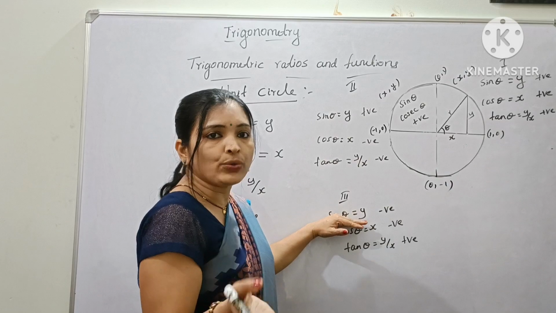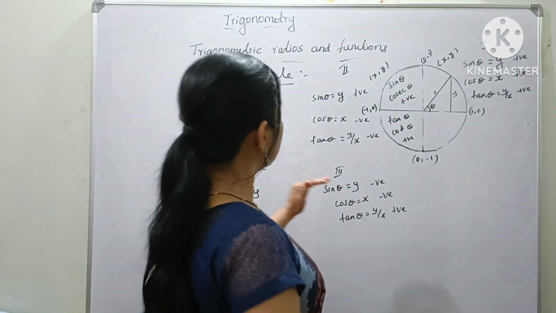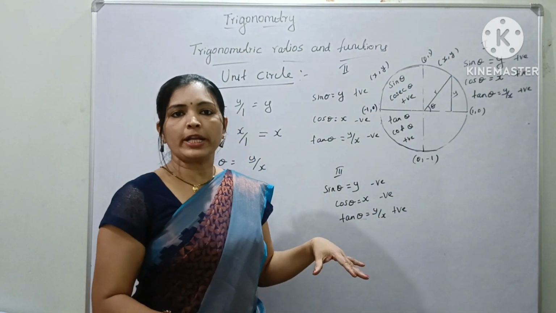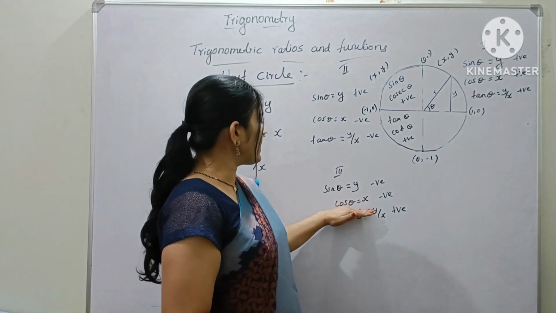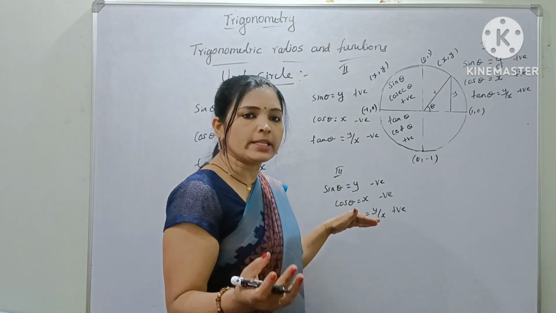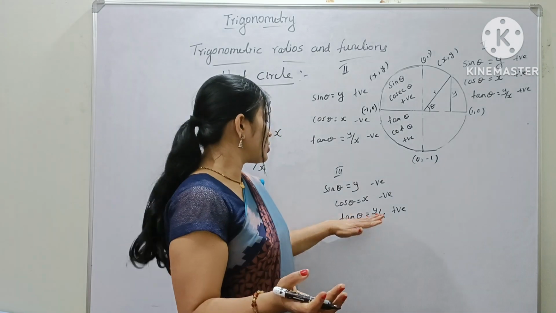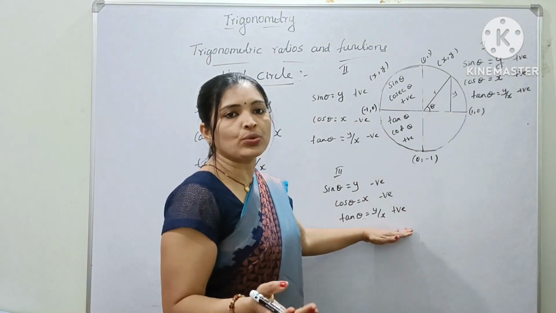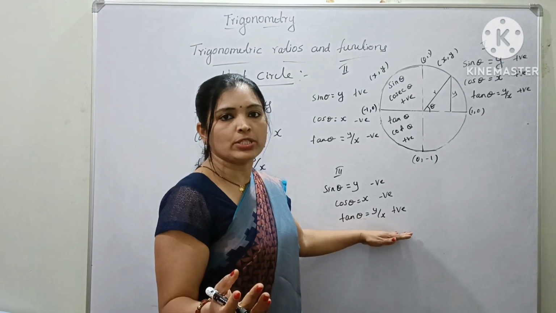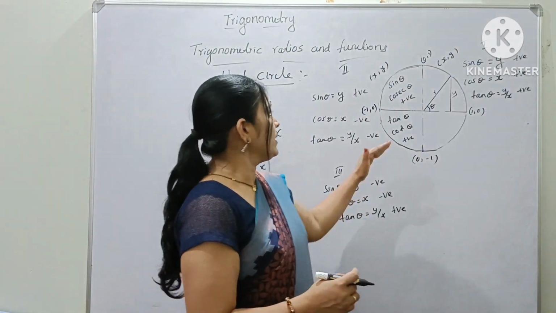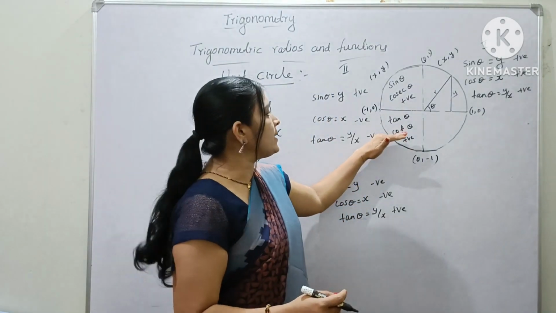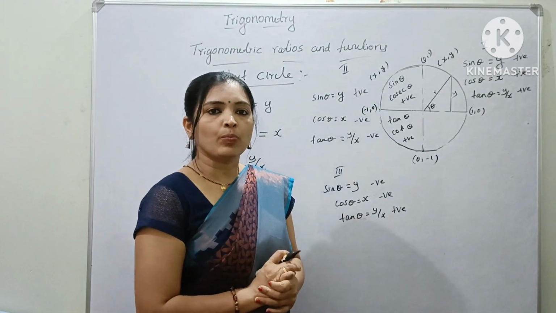Since sin theta is negative, its reciprocal is also negative, and cos theta is negative, so its reciprocal sec theta is also negative. Tan theta is positive, so its reciprocal cot theta is also positive. So in the third quadrant, tan theta and cot theta are positive.